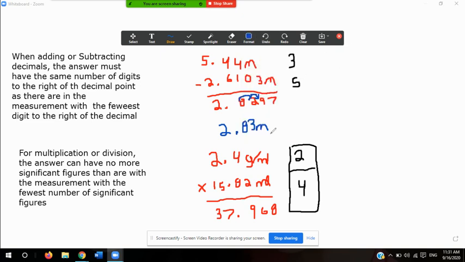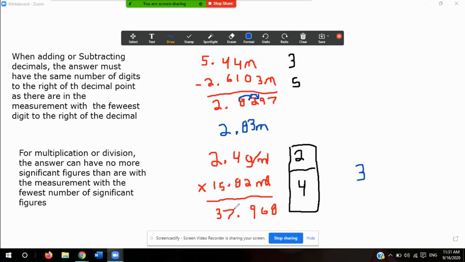So if I need two significant figures, I know for sure that 3 is going to be part of my answer. But in order for me to have two significant figures, it's going to be a whole number because I only need two significant figures.